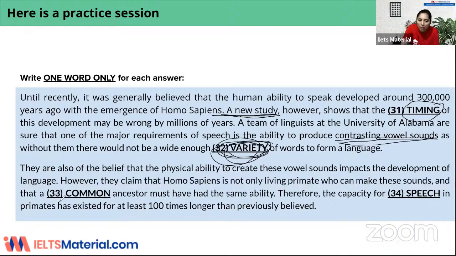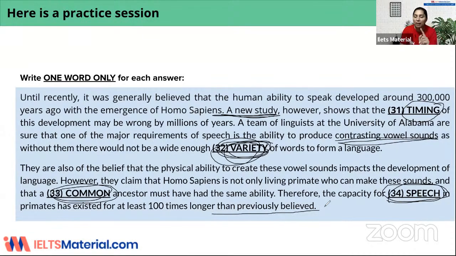We also had a common ancestor everywhere, a common ancestor who tried to produce the same type of ability of producing different sounds and then making the other family members realize what type of sound they are trying to make or what is the pronunciation. And related to that, this particular capacity for speech in primates was believed to have existed long back. So this is what they said.